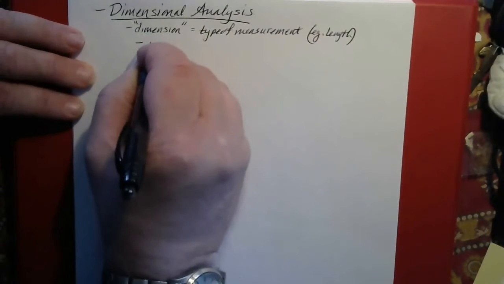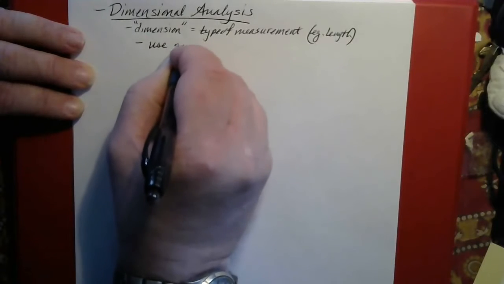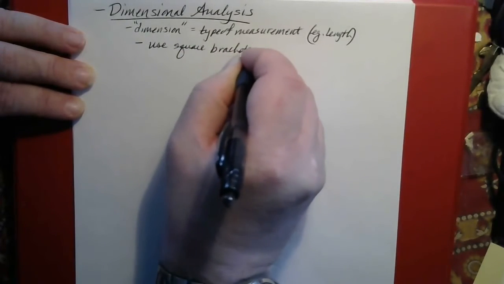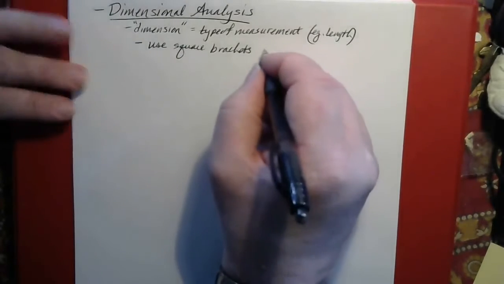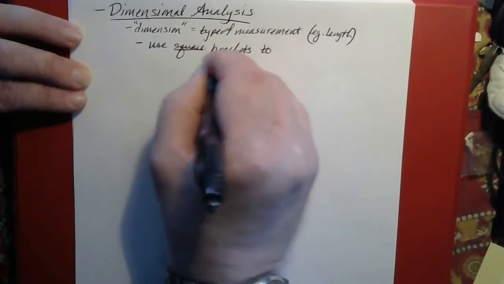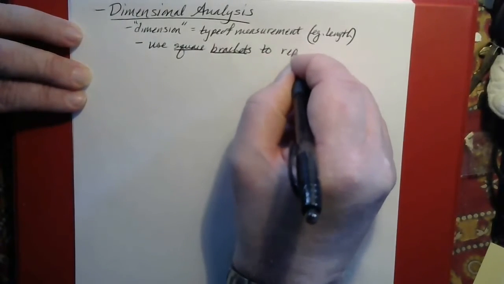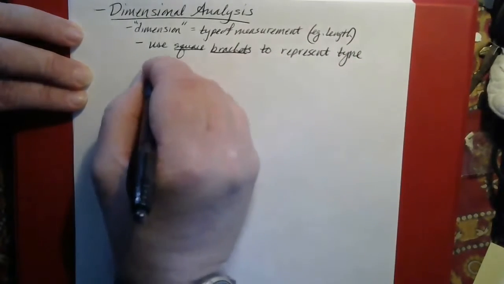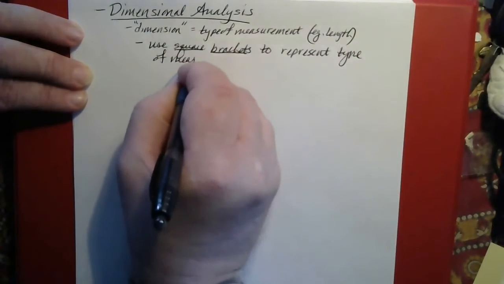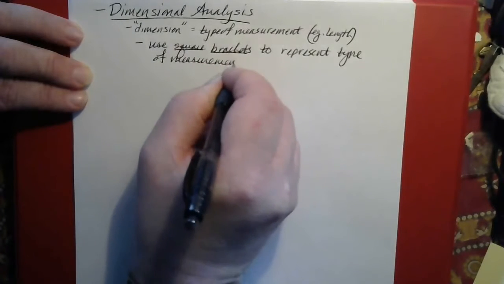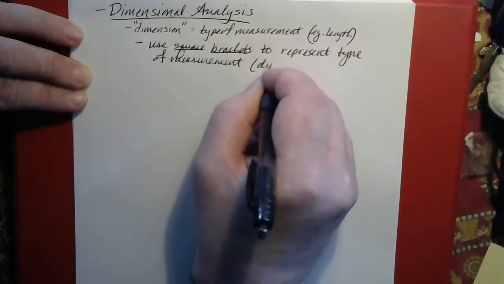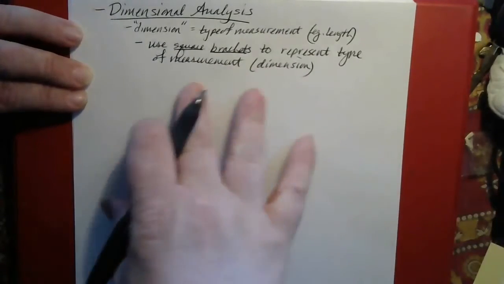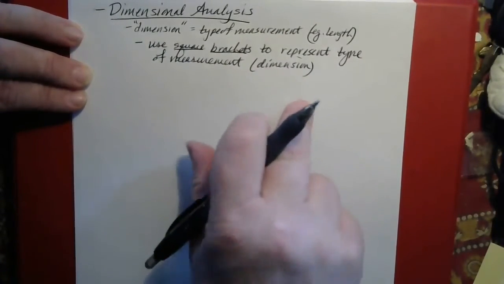In the book, they use square brackets to represent the type of measurement. And so remember that type of measurement is just another way of saying dimension, or vice versa.